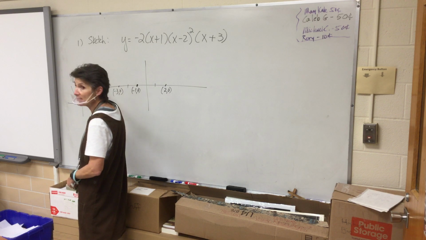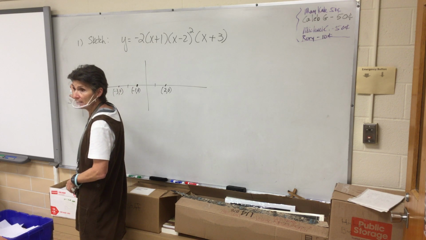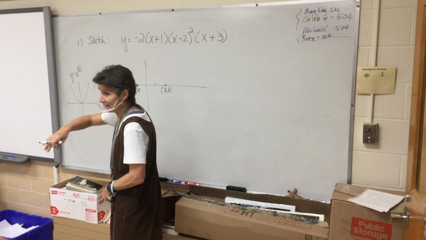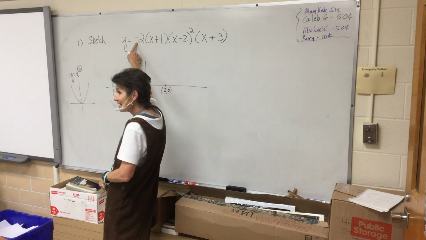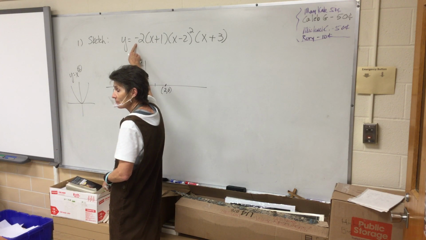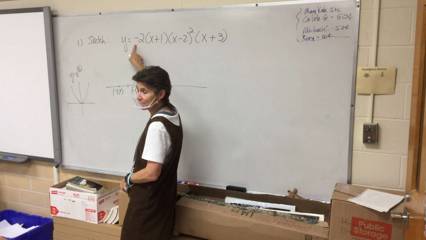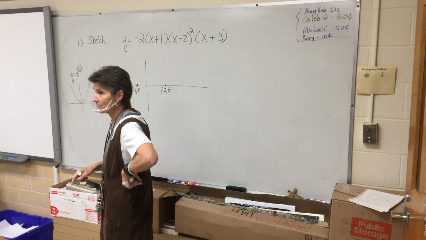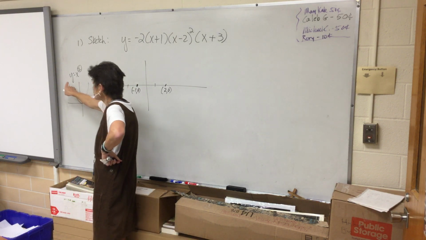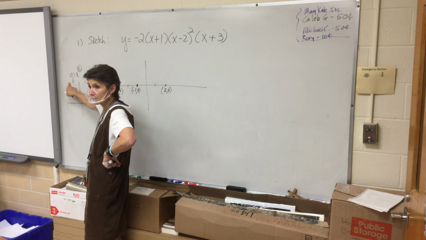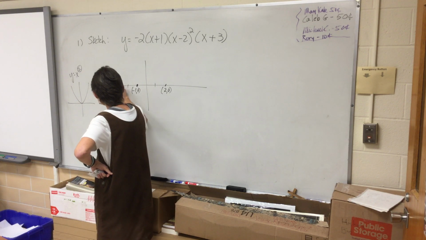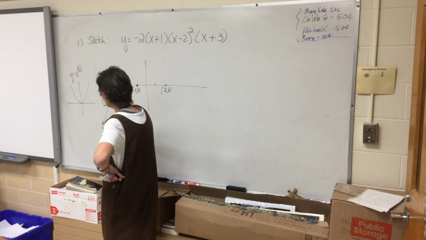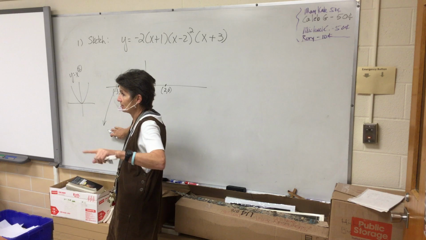That's how evens do it. But this even has a negative in front of it. What do negatives do to your picture? Turn it upside down. So an even should start up, but this one is going to start down.